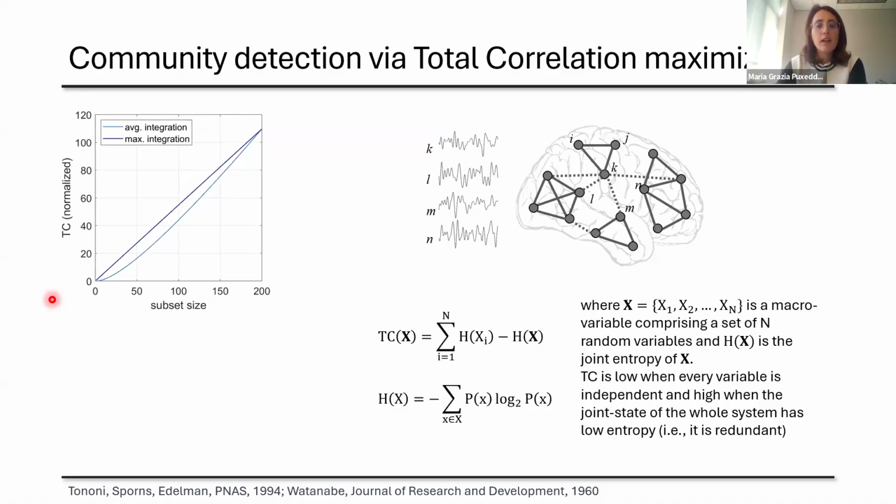I'm considering. So to find these communities in the brain, I start by building this leaf diagram here, which for each subset size, so for each dimension of time series that I'm considering, returns the average level of integration that I expect from a subset of that size and the maximum level of integration, or total correlation, or redundancy, that I can expect from that subset size.